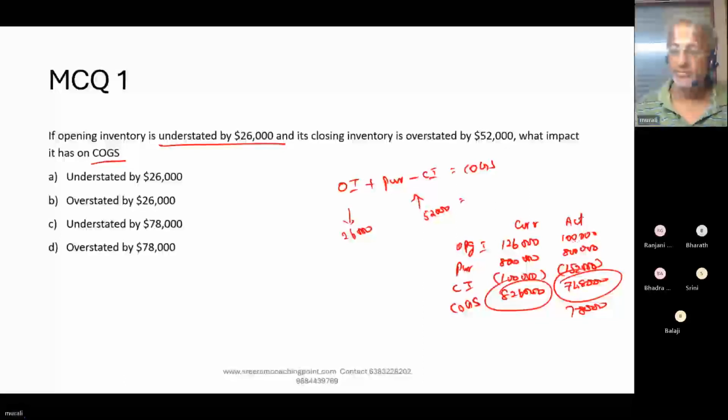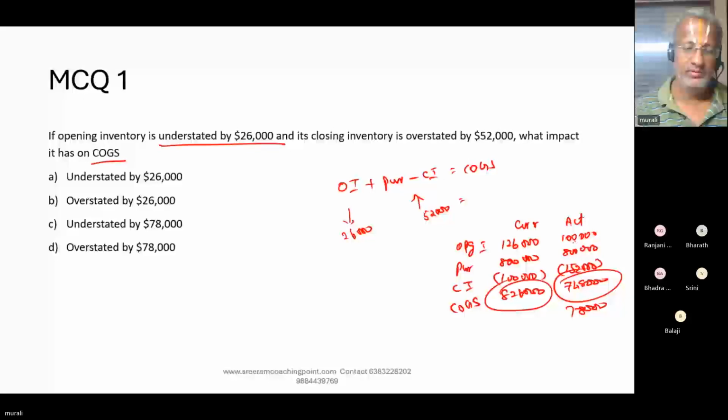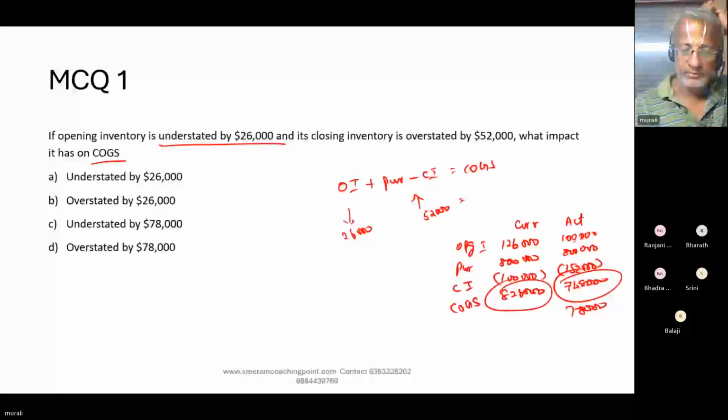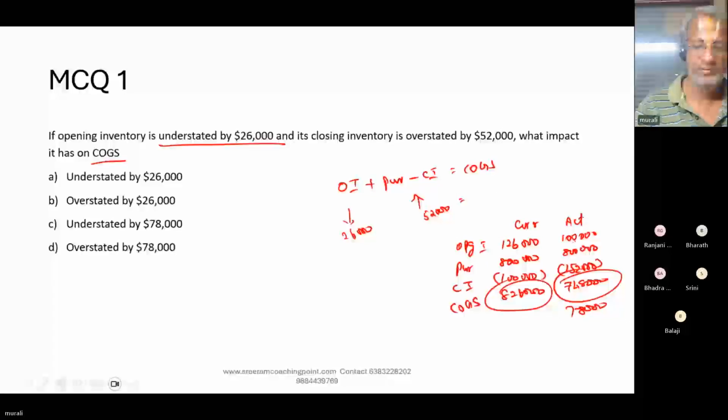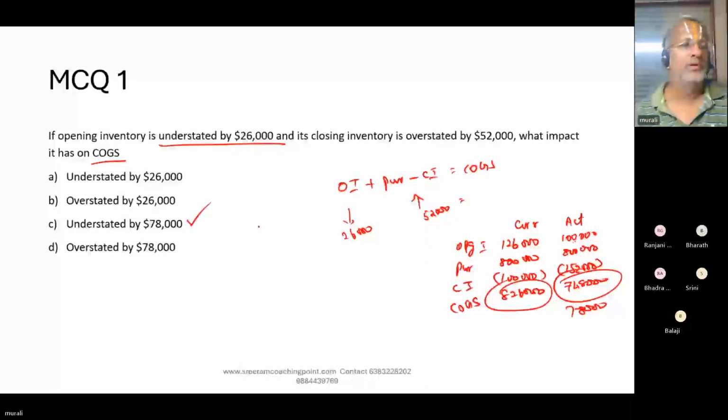Make it fast. COGS is understated by 78,000.